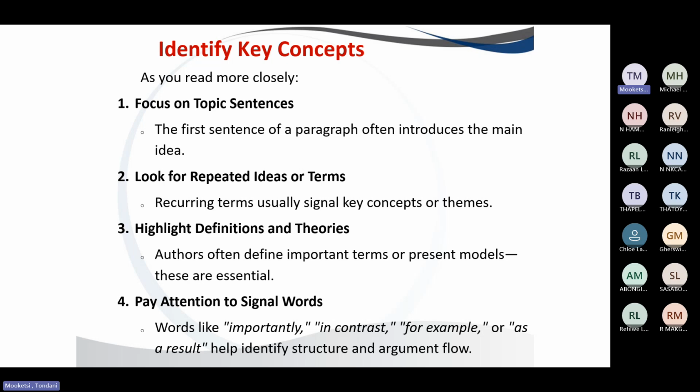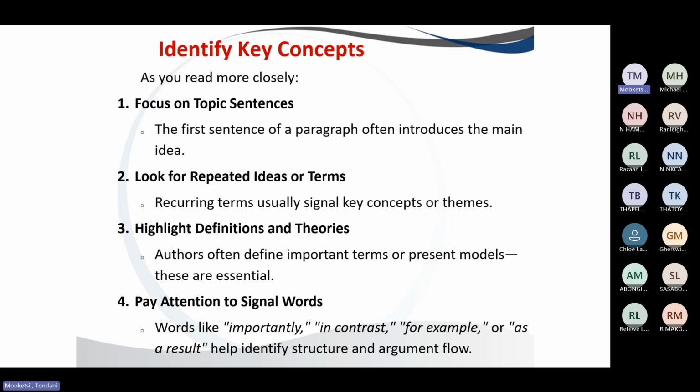Okay, I mentioned that as you are reading and studying, you need to be able to identify key concepts. So you need to read closely, focus on the topic sentences. Earlier, we talked about skimming to see the important topics from the headings, subheadings.